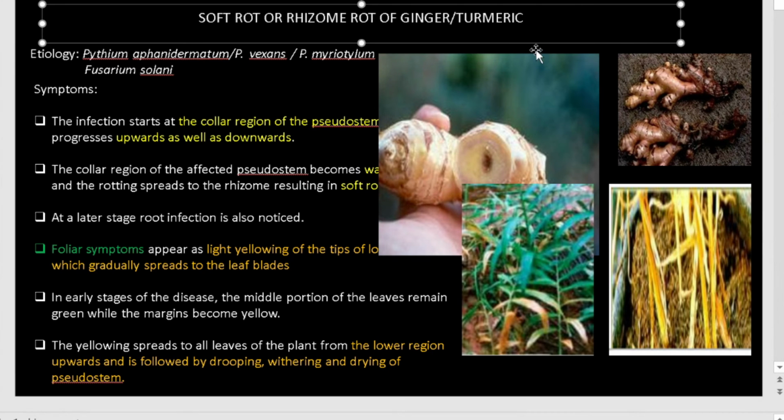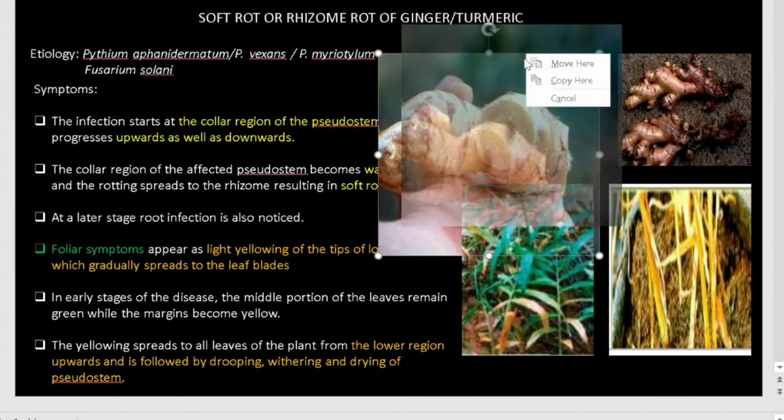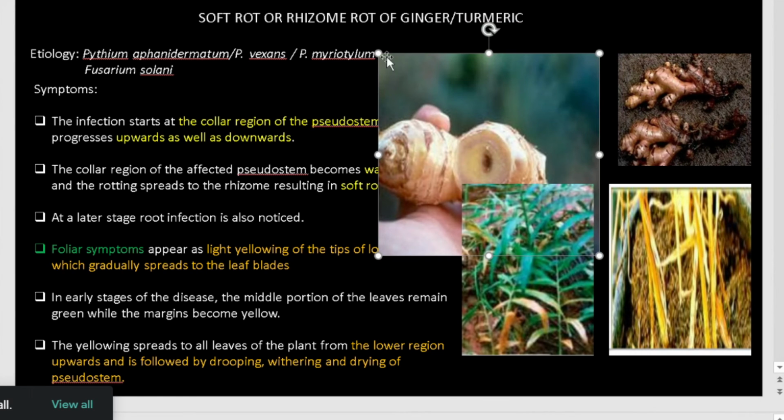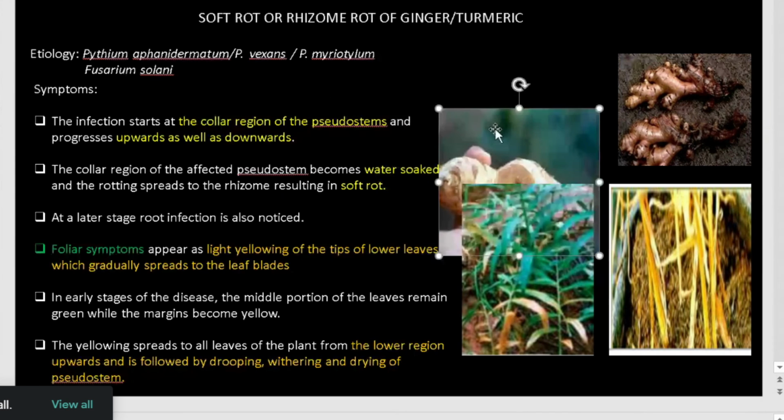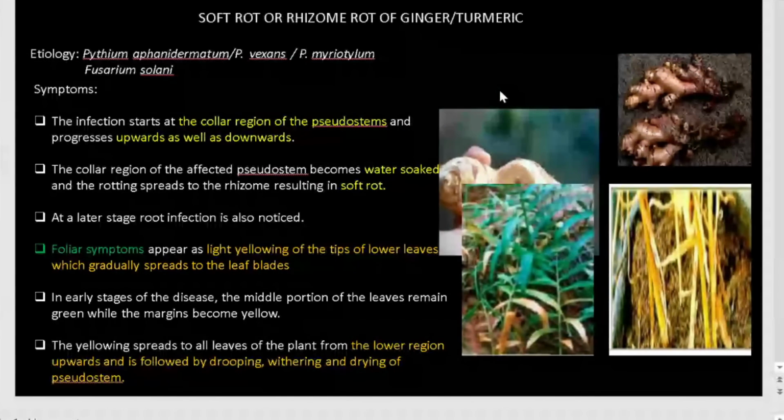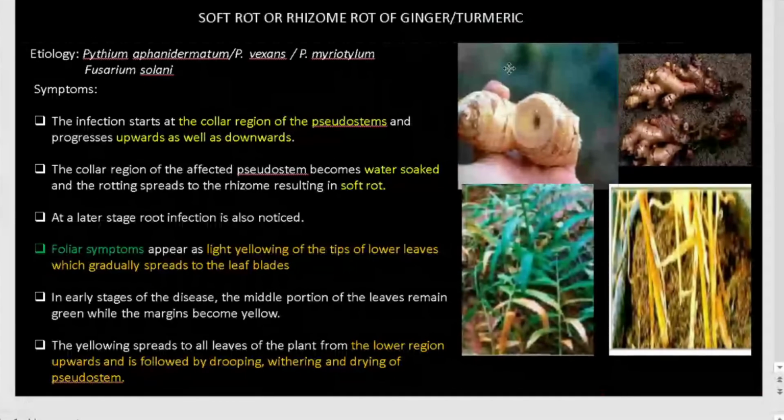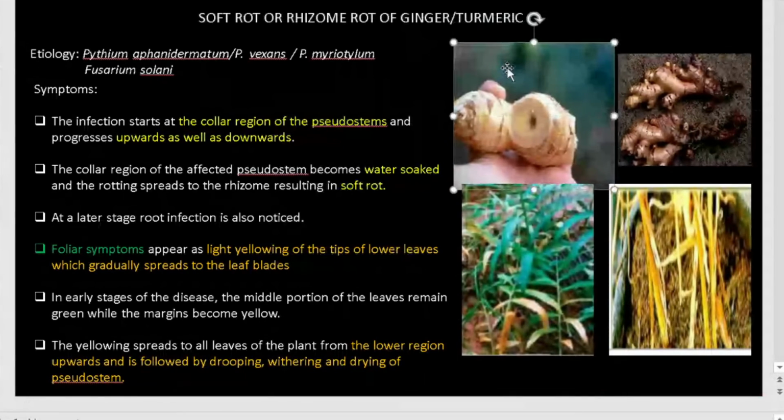This is one of the very important problems, and this rhizome rot can also occur in storage condition. The field may appear healthy, but when the storage conditions are very damp and wet, this problem may be seen in ginger and turmeric storage as well.